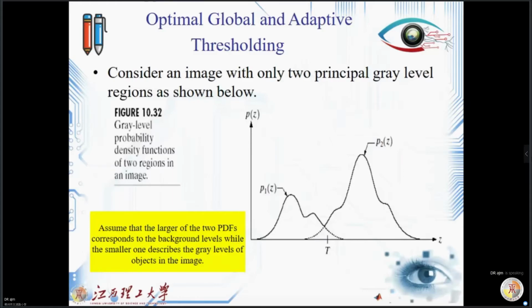We can assume the larger of the two PDFs corresponds to the background level, while the smaller describes the gray level of the object in the image. Then which one is optimal, and how can we have the optimal global threshold value selection?